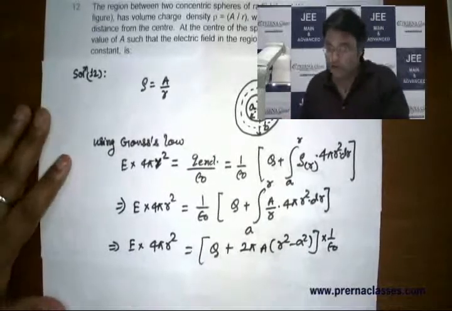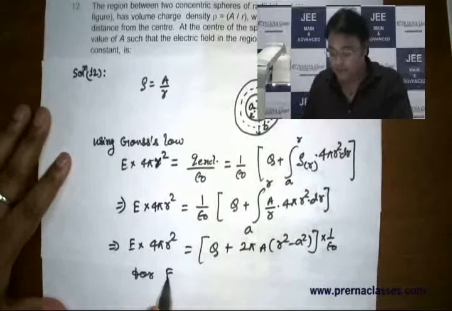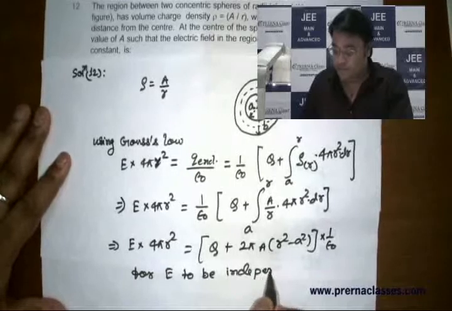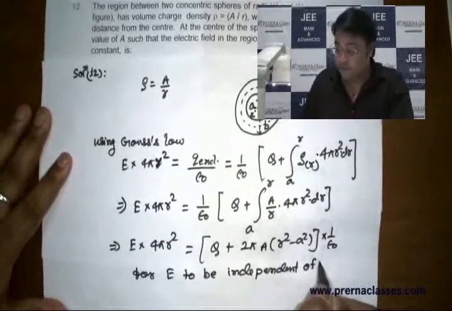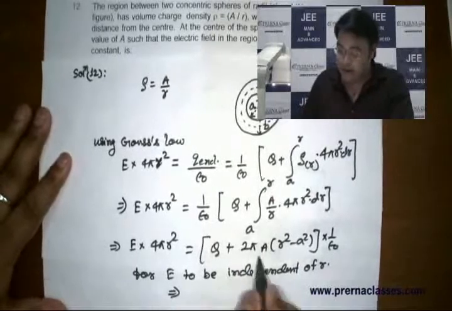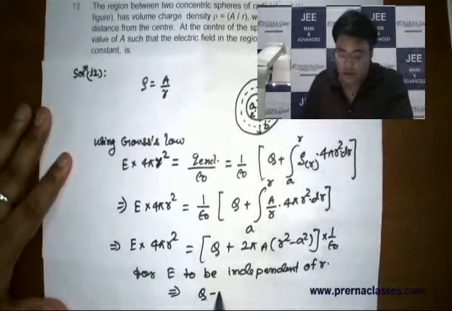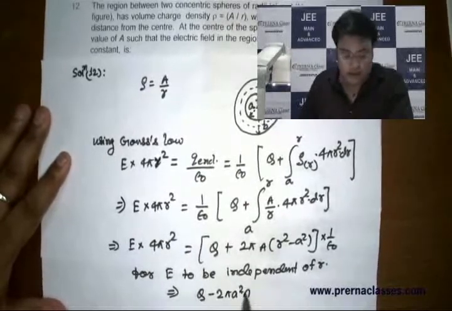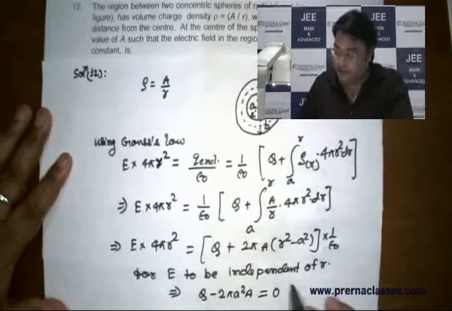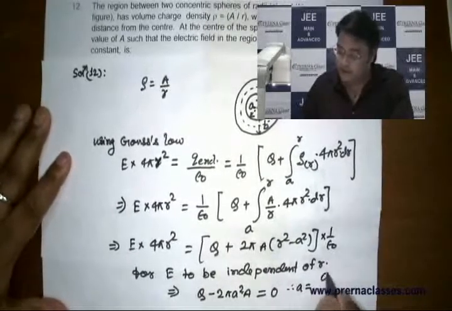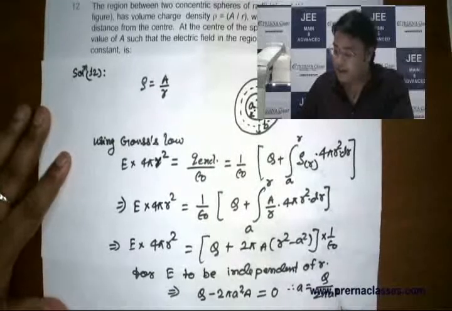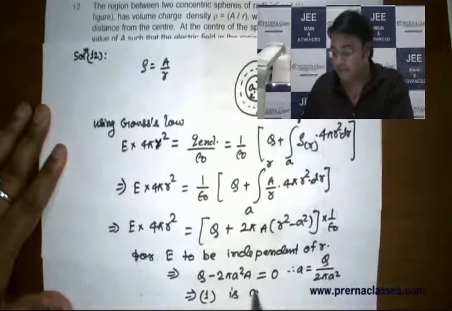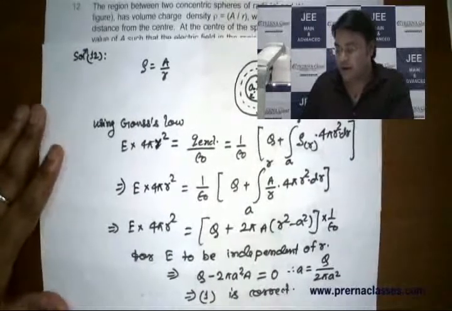Now for E to be independent of r, that implies Q minus 2 pi A square capital A should be equal to 0. From here the value of capital A comes to Q by 2 pi A square. So option 1 is correct. Okay.